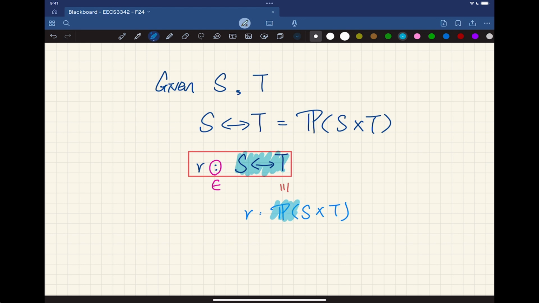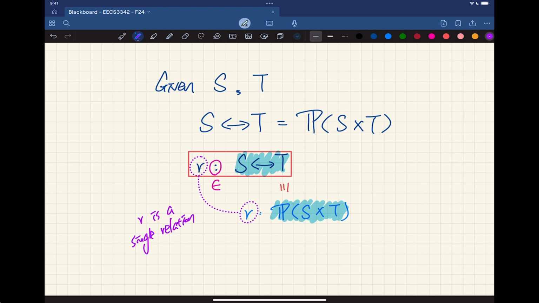You can say either. So by declaring R to be this or R to be this, you're saying the same thing. R is a single relation in both cases. R here, also R here, the same thing. R is a single relation.